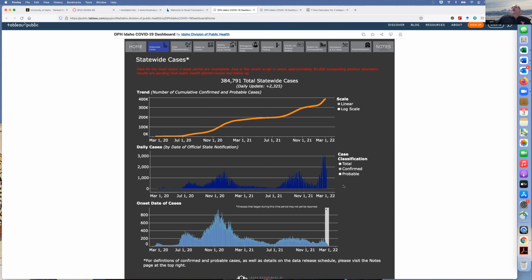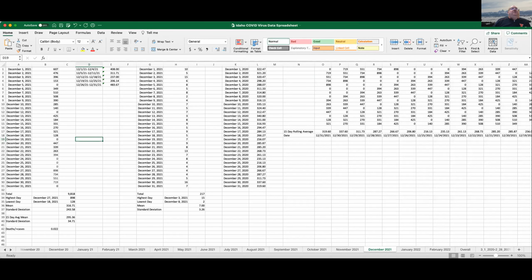And again, we're going to use it from December and then from January. So let me switch my screens now, and I'm going to show you my spreadsheet and how this has been collected. So here you go.